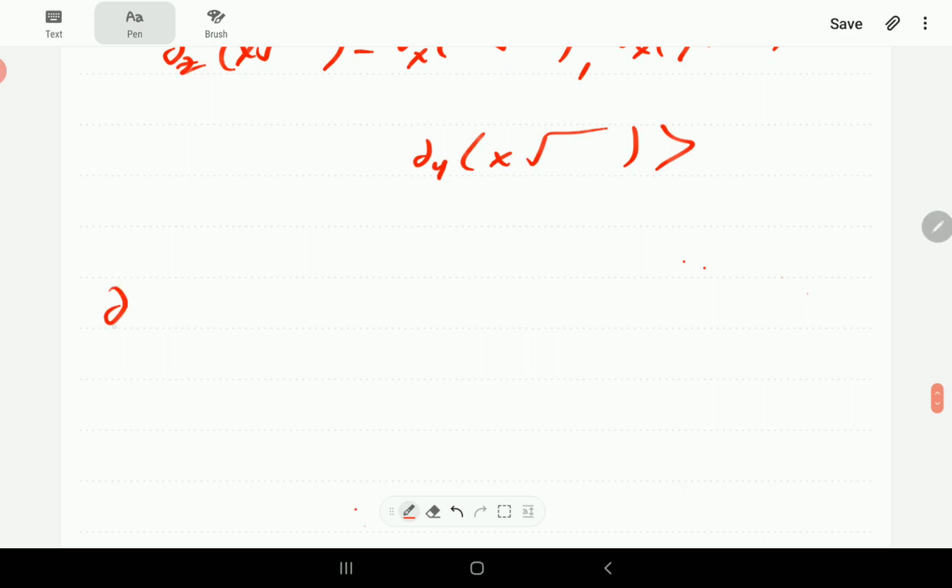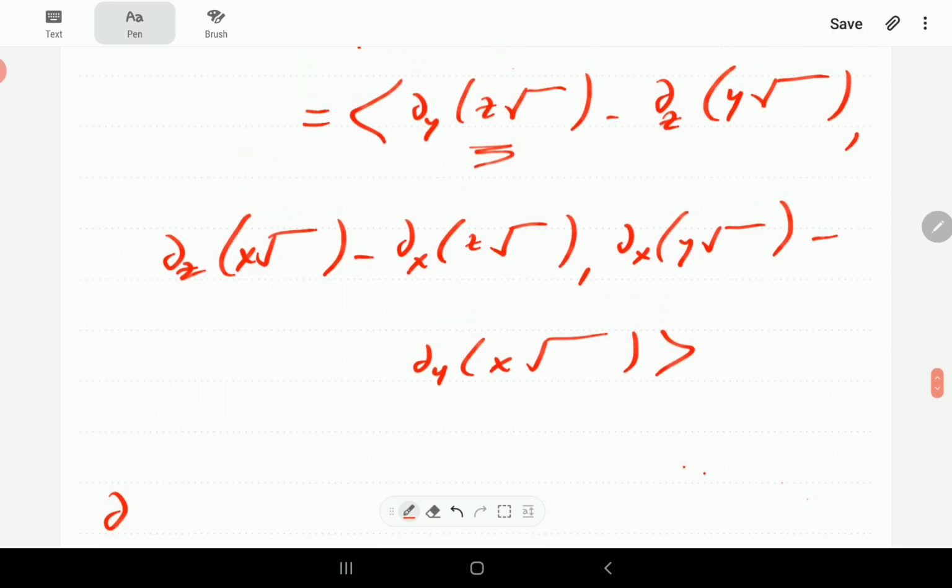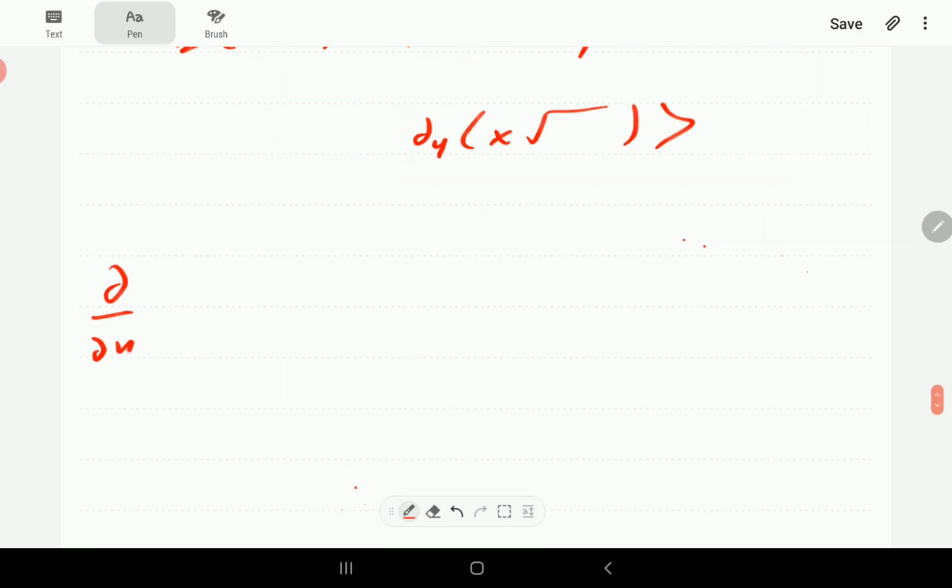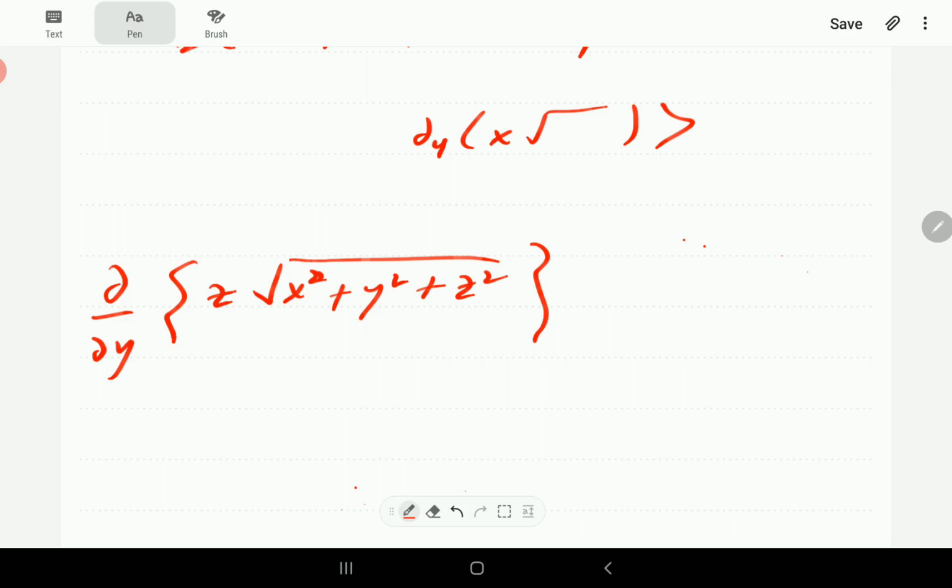So what's going to be the y derivative of z times the square root of x squared plus y squared plus z squared? If you look at this, there's only one term involving y, so there's no need to use the product rule. We just use the chain rule, multiply by 1/2.